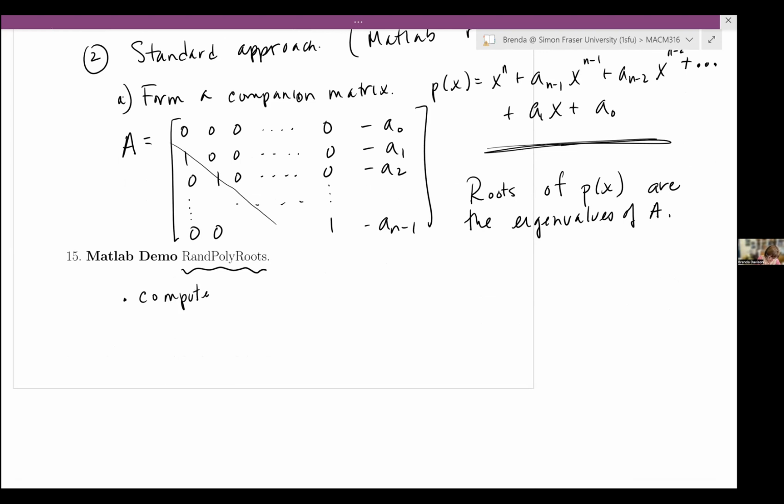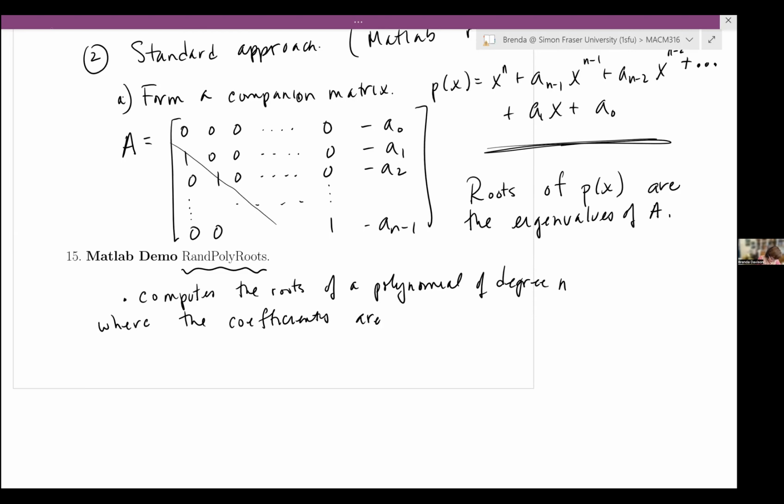This computes the roots of a polynomial of degree n, where the coefficients are normally distributed. So they're taken from the standard normal distribution.